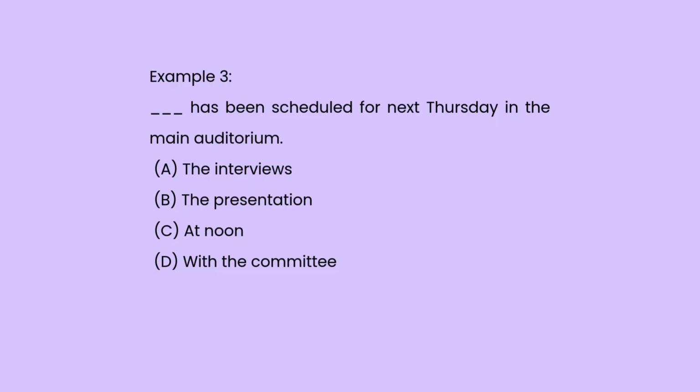Look at example 3. We have the verb has been scheduled here, but the subject is missing. You can notice that we have two subjects in the options, the interviews and the presentation. But remember that the subject must agree with the verb, and here the verb has is singular.